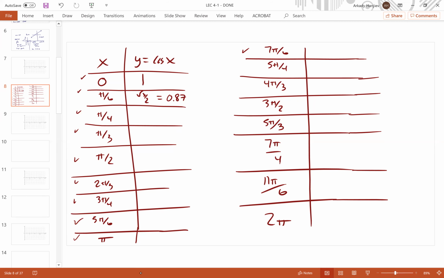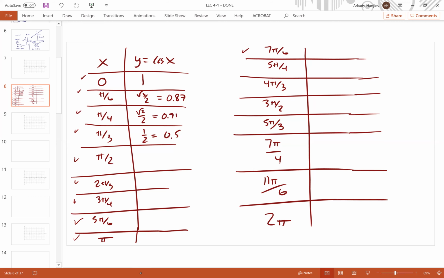Haley, all yours for cosine of pi over 4. Square root of 2 over 2, I think I heard. Is that right? Yeah. An approximate value? 0.7, 0.71, somewhere in that range. Perfect. Okay, boom. Rylan, cosine of pi over 3. Awesome. 1/2 is equal to 0.5.